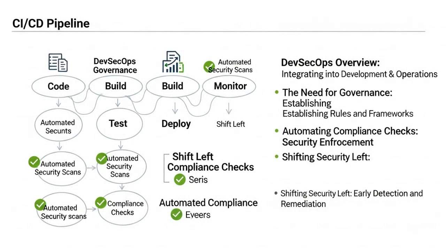Finally, before and during the deployment stage, infrastructure as code scanners and container image scanners ensure that the underlying environment and deployment artifacts are also compliant, preventing misconfigurations or insecure dependencies from reaching production. This multi-stage approach creates layers of security and compliance validation.